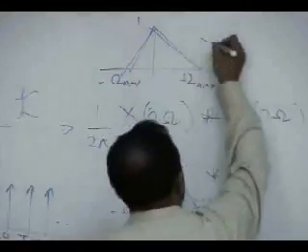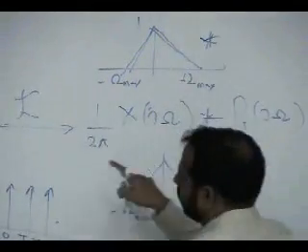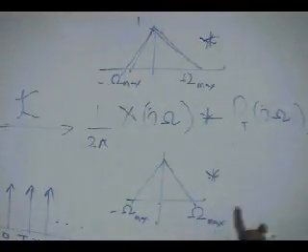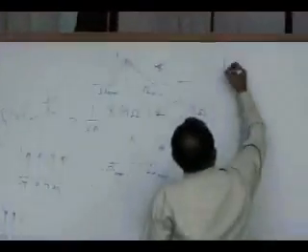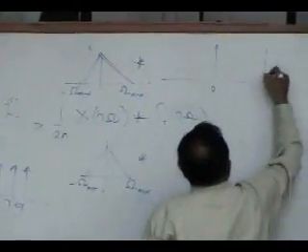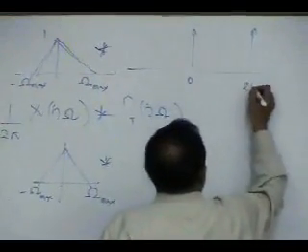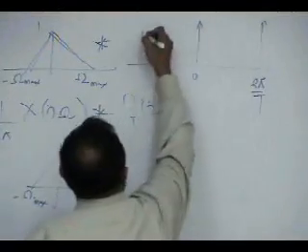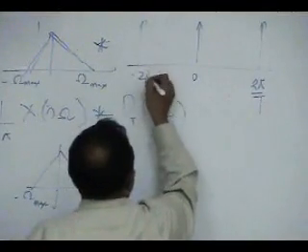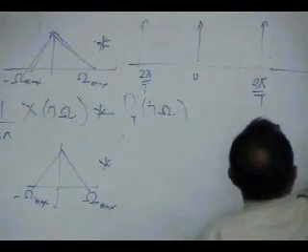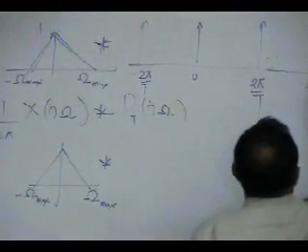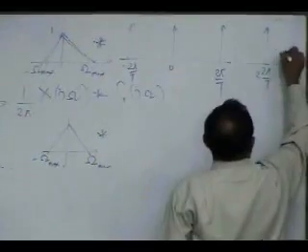I need to convolve it with the Fourier transform of a train of impulses. A train of impulses, we have just learned, is at 0, and the location of the impulses really depends on the sampling frequency. 2π over T, and it goes like this.